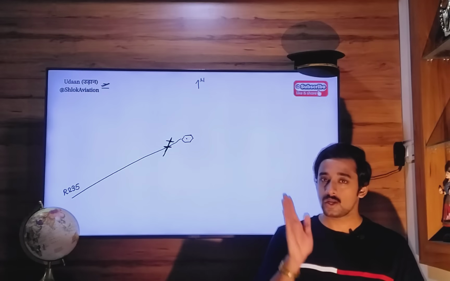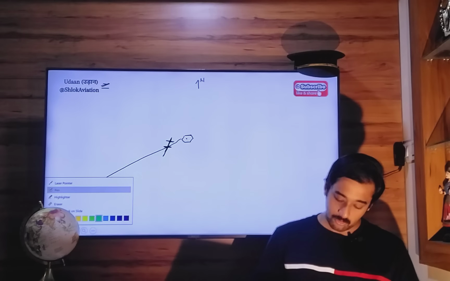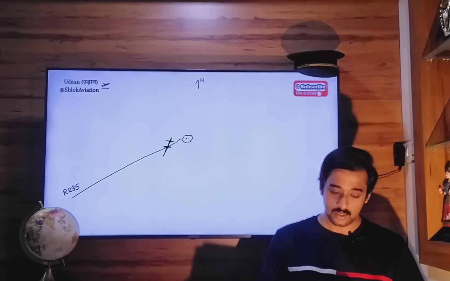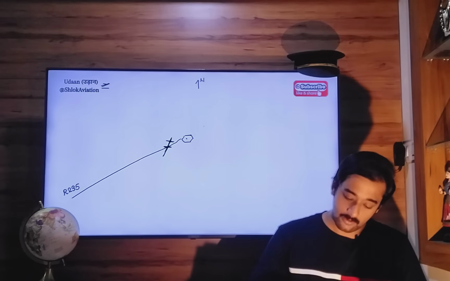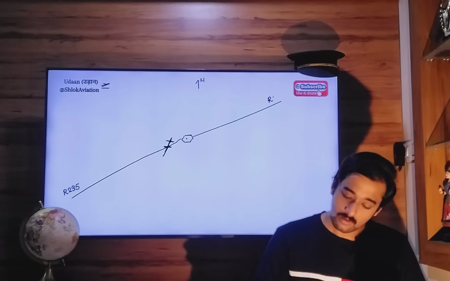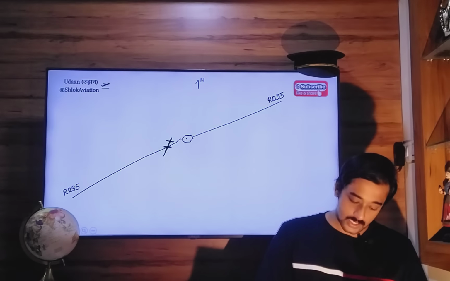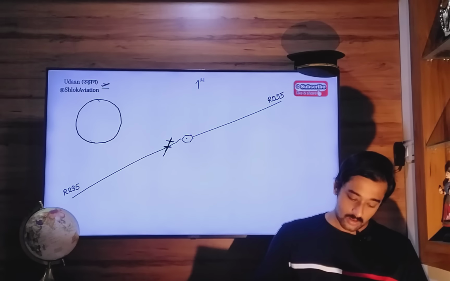So in the north direction. What is the reciprocal of 235? 235 minus 180 is 055. Okay, OBS. OBS is 060.